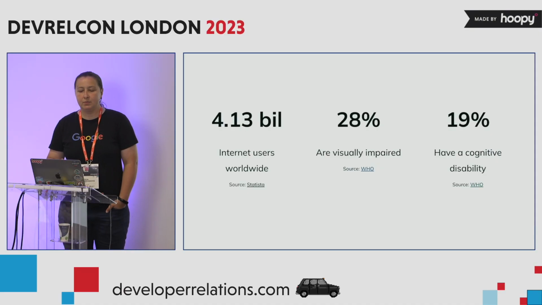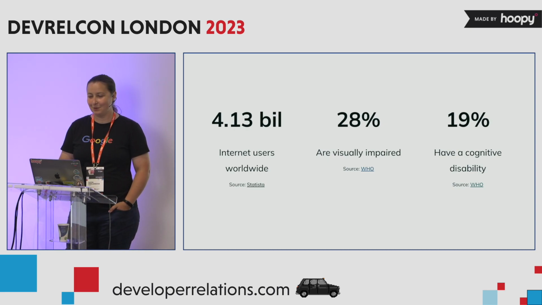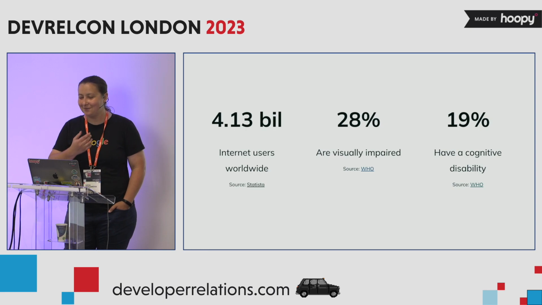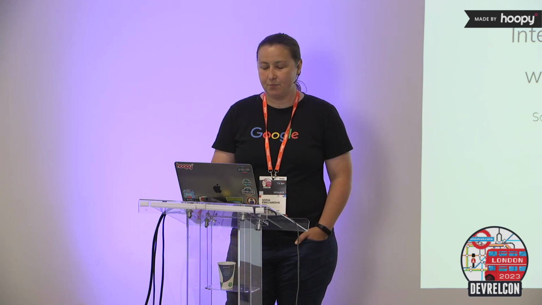We may be moving beyond empathy during today's talk, but that doesn't mean that we shouldn't have it and we shouldn't define it first, like other speakers always do. A quick reminder that 4 billion people on Earth are using the internet. 28% of them, or over 1 billion internet users, have some form of visual impairment.